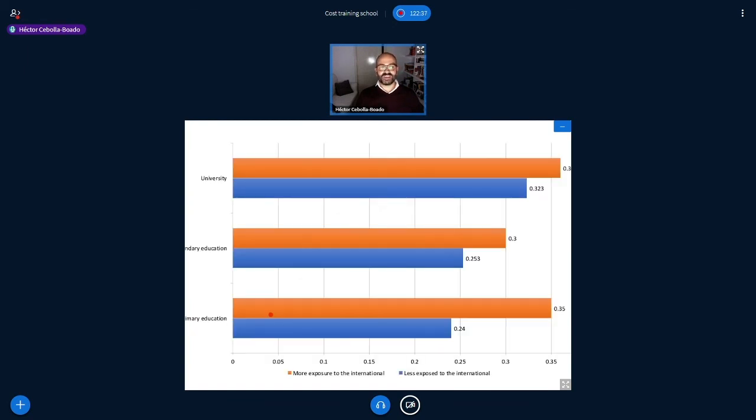And what you can see is that in blue you have the bars that correspond to the regions less exposed to the transnational.